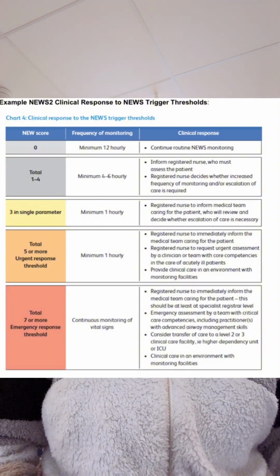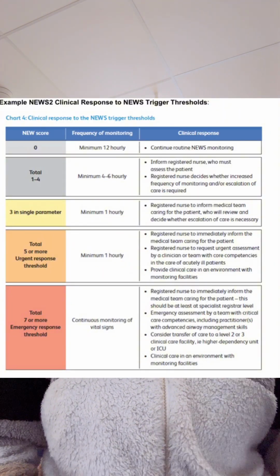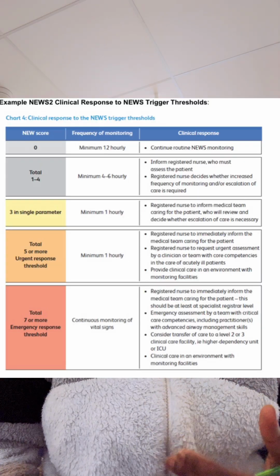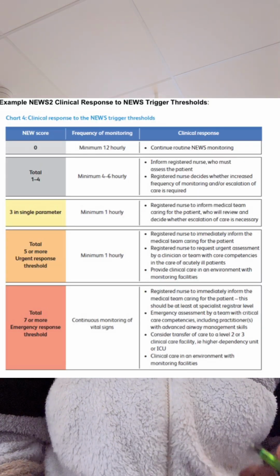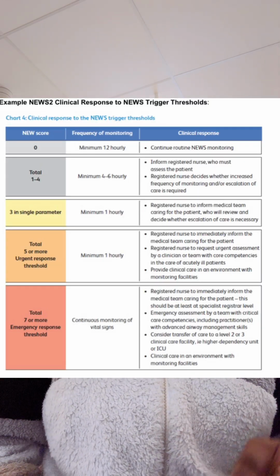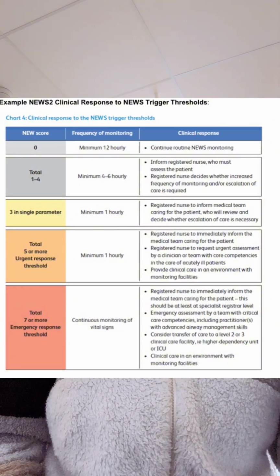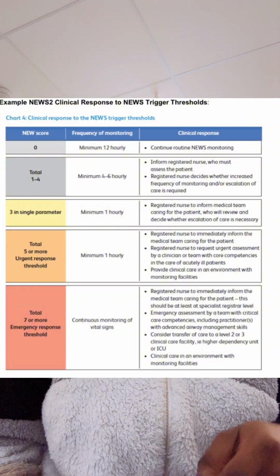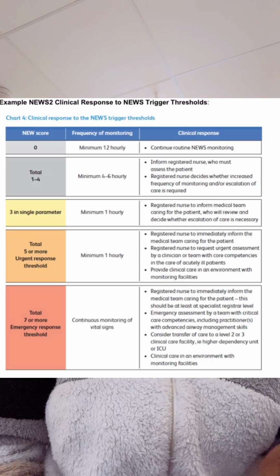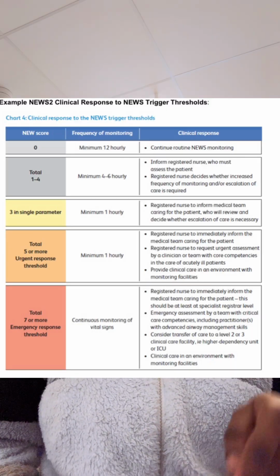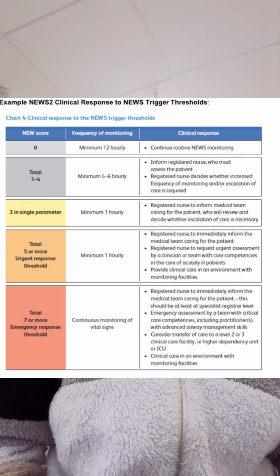So even though your NEWS score is 0 and you would come back to check every 12 hourly, you have to voice it out to the assessor. You say: my NEWS score is 0 and I need to check every 12 hourly. However, my patient has complained of pain and the pain score is 7/10. So I will come back in an hour to reassess my patient for pain.